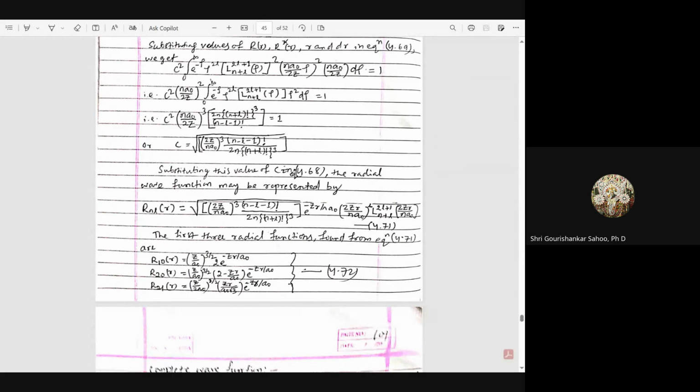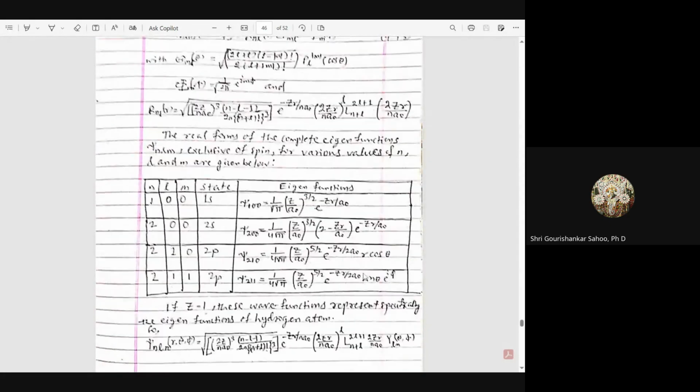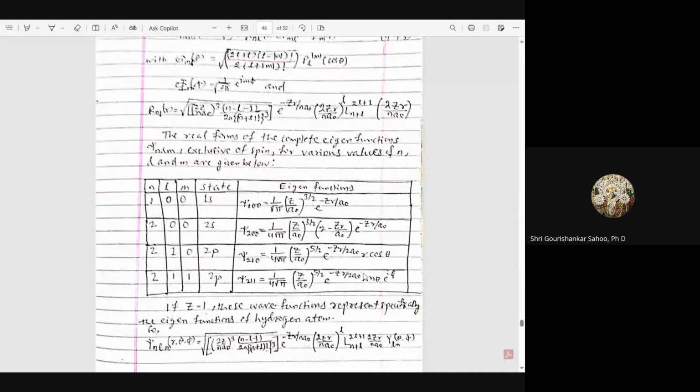And the first radial functions, that is R10, R20, R21, are shown on the screen. Then the complete wave function is the radial and theta and phi part, and this is shown on the screen. And for n, l, m values, n=1, l=0, m=0, you have the 1s state; n=2, l=0, m=0, 2s state; n=2, l=1, m=0, 2p state; n=2, l=1, m=1, 2p state.